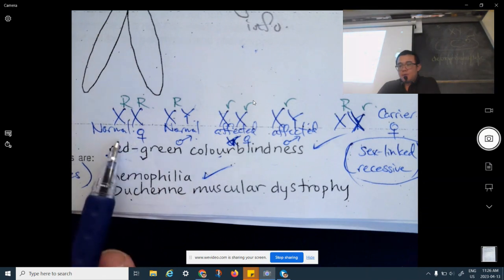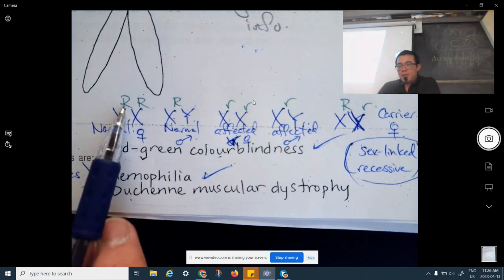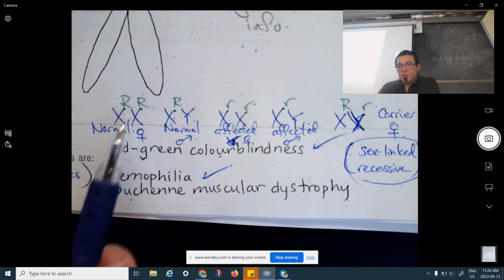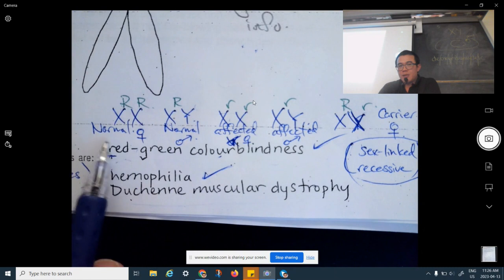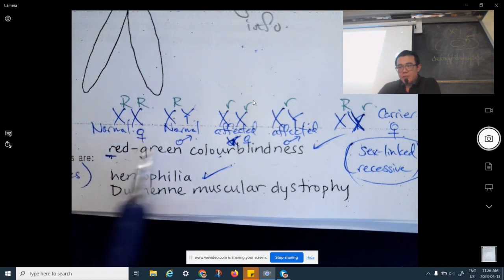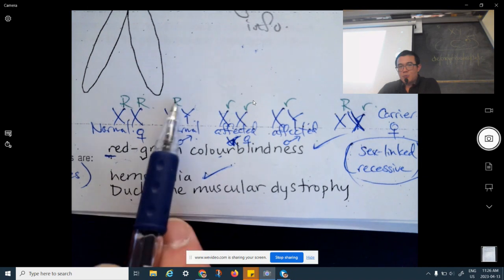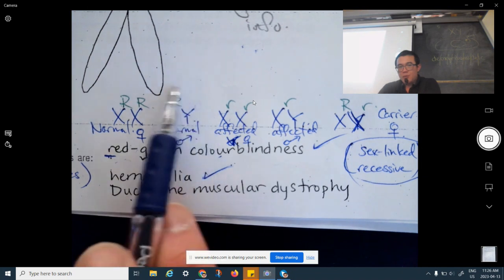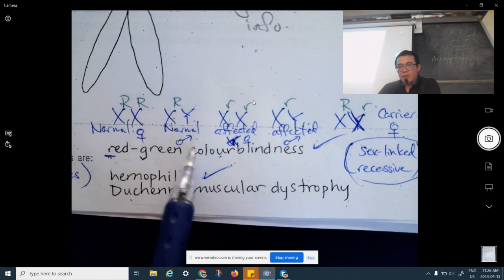Big R will be for normal vision. So X big R, that will be a normal vision female. And X with big R and a Y, that will be normal vision for male.